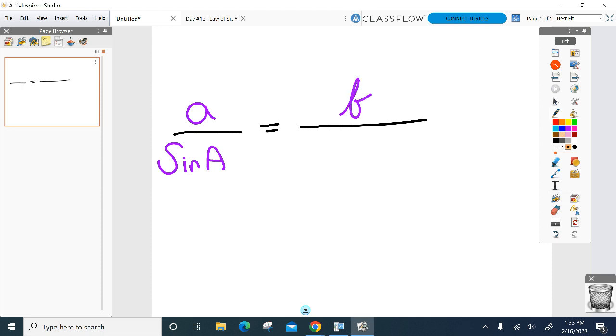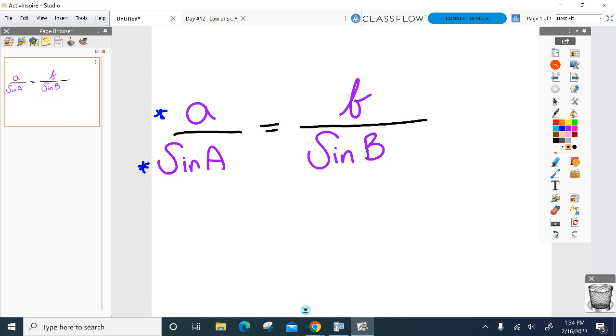And then we're going to take a second side. I'll just call it B. And we're going to put it over the sine of the angle across from it. Okay? So it uses two sides and the angles across from them. Law of sines. We're not going to run into this today, but we will in the future, and I just want to start off with it now.